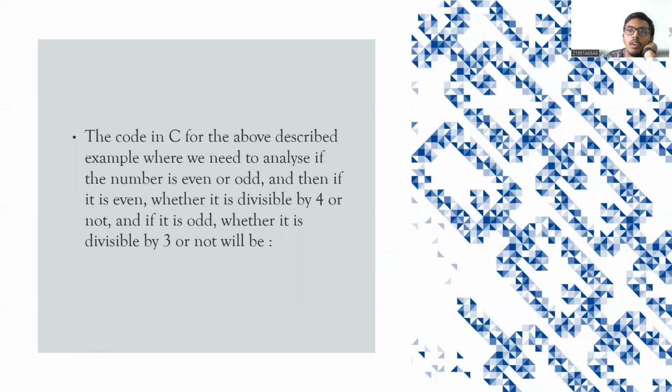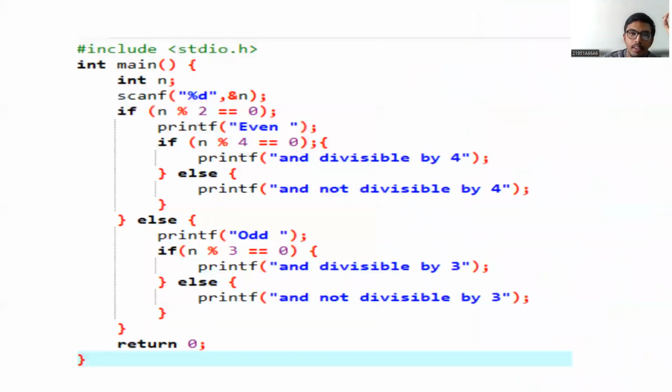If it is even, whether it is divisible by 4 or not, and if it is odd, whether it is divisible by 3 or not. Include stdio.h, int main. It is a general syntax.